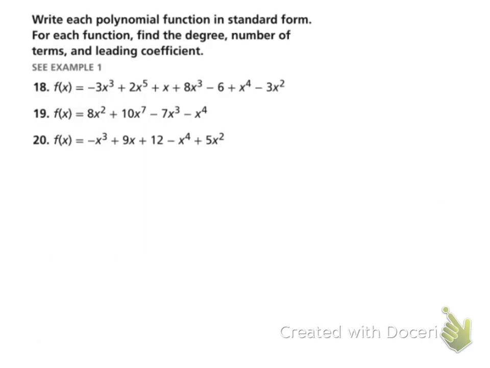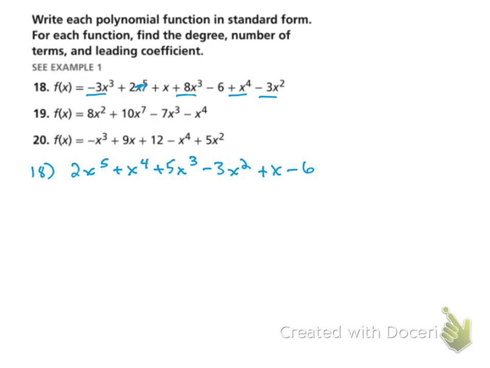All right, number 18, we would have 2x to the 5th, and then x to the 4th, -3x plus 8x would give me 5x cubed. And then I would have -3x squared plus x minus 6.